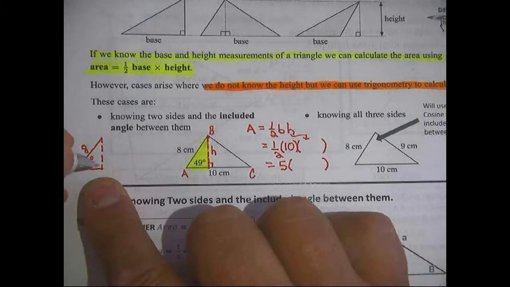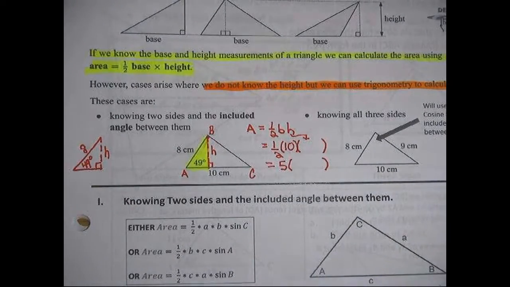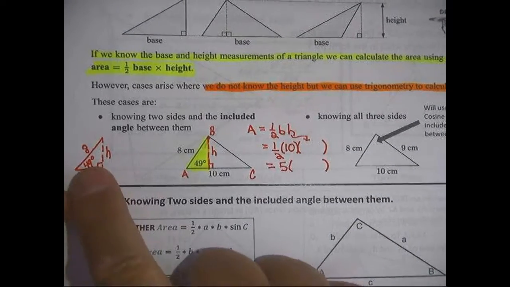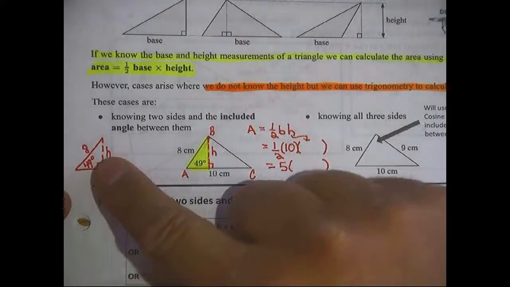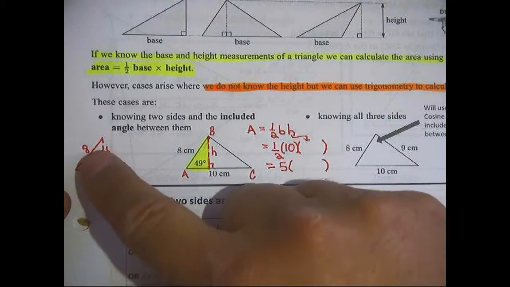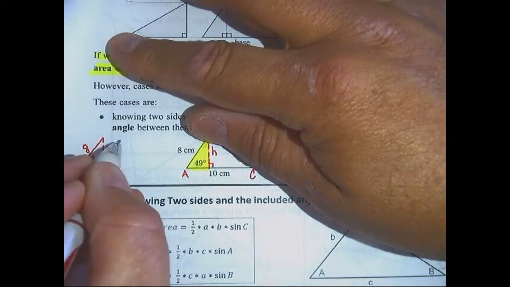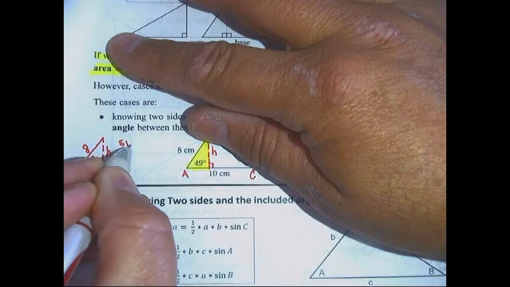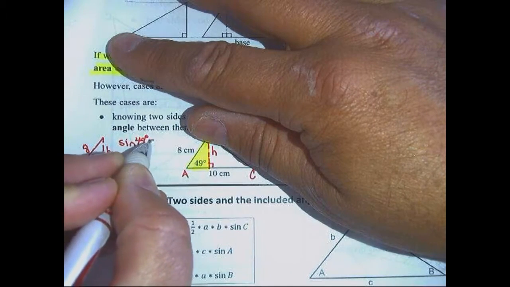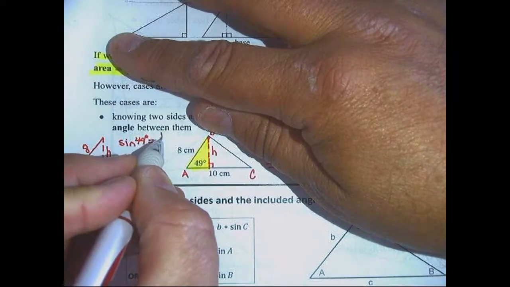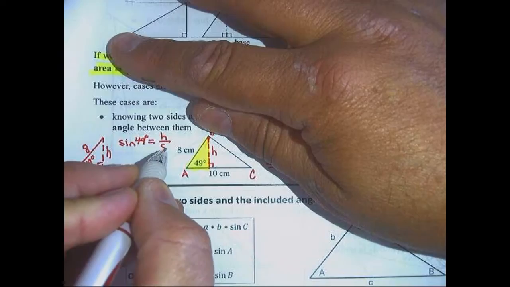So we can use SOHCAHTOA to get H. Okay, so what function would you use? Sine. Because H is the opposite, 8 is the hypotenuse. So I could say the sine of 49 degrees is equal to the opposite leg, which is the height, over the hypotenuse, which is 8.